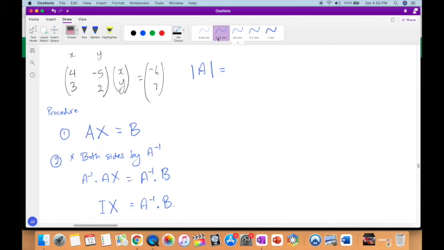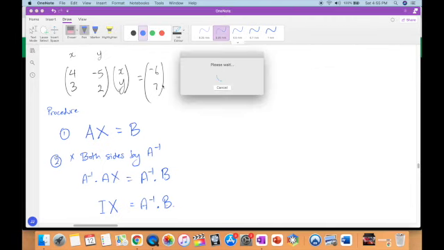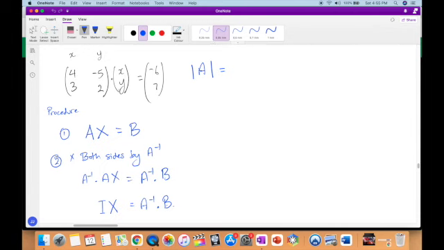Let me just do that over. The determinant of A is 4 times 2, minus 3 times negative 5. And that is 4 2's are 8, minus negative 15, which is positive 23. So we find the determinant of A.